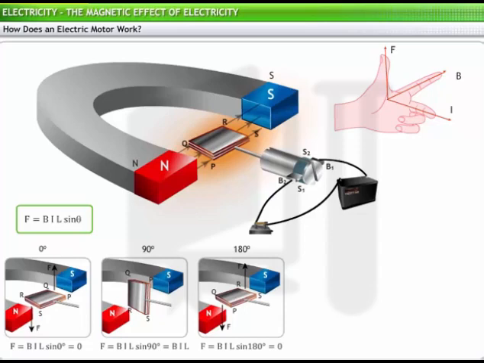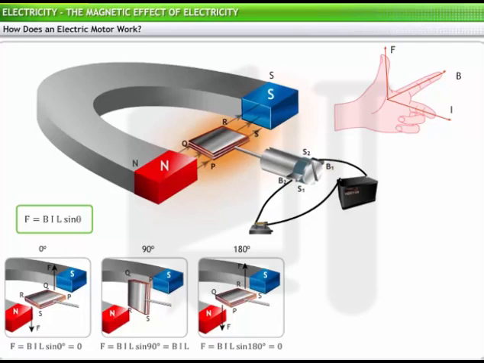When the coil rotates by 180 degrees, the split rings also rotate along with the coil. Now, the split ring S1 connects end PQ of the coil to carbon brush B2. Similarly, S2 connects RS to B1. This reverses the current through the coil.